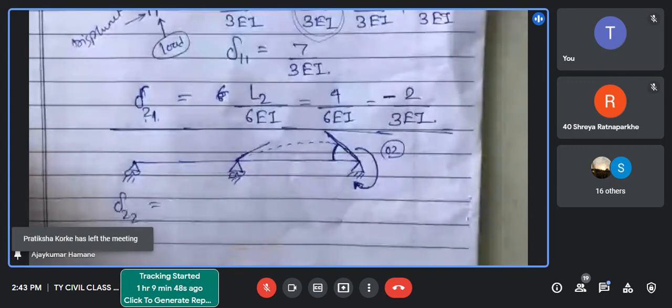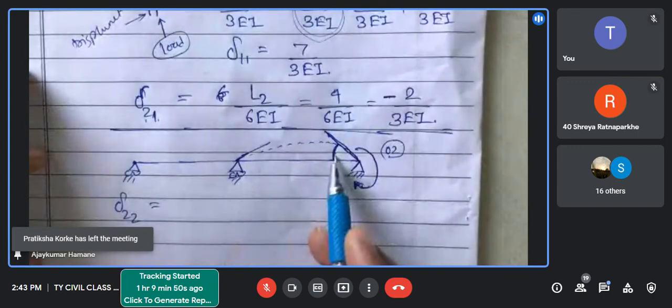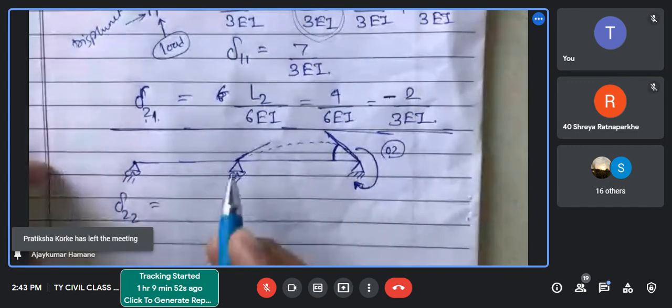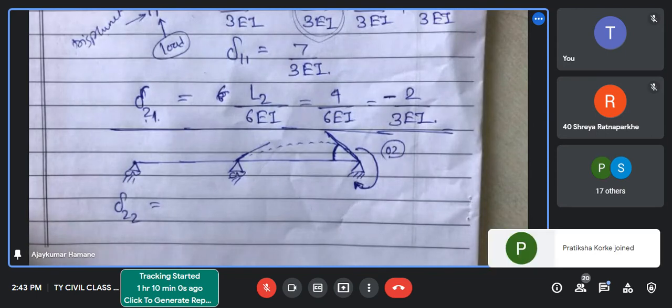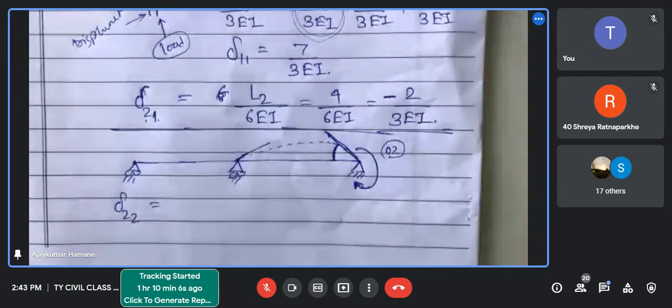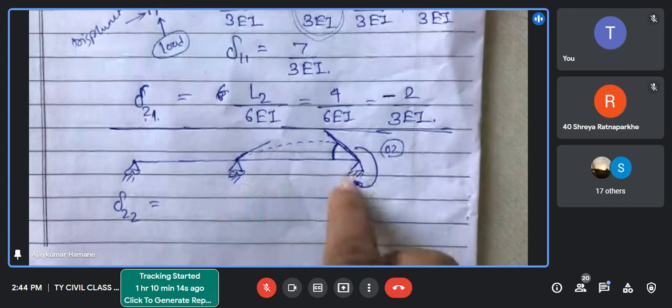Students, now you know the slope at this point if the other end is pinned. Other end is pinned. What is the slope at this end?